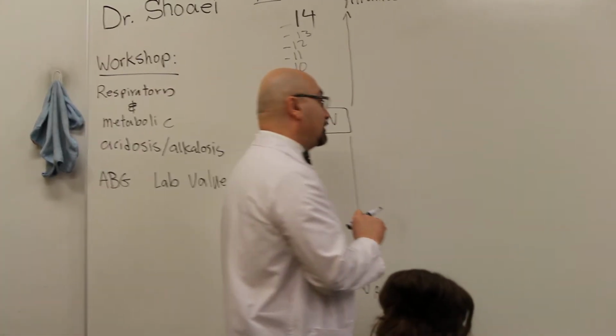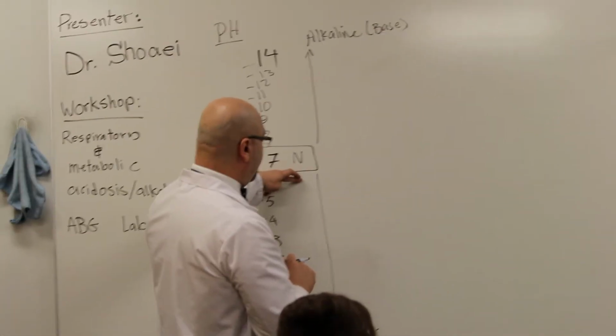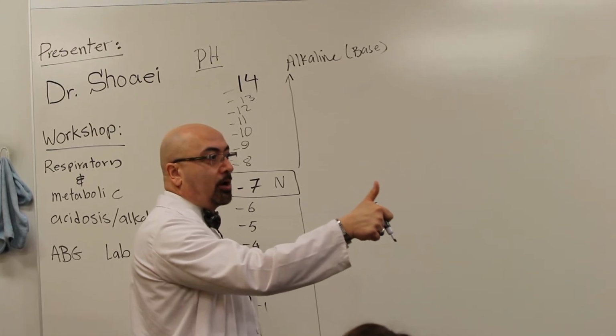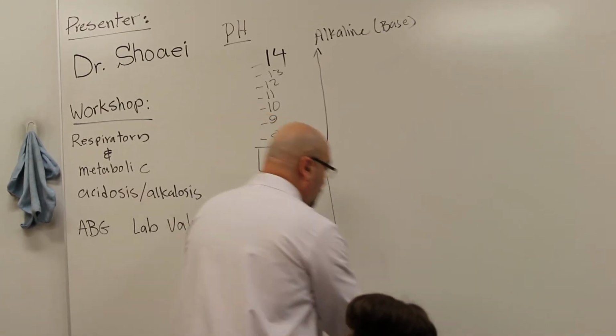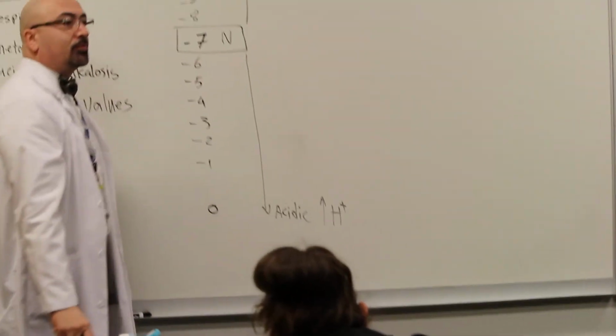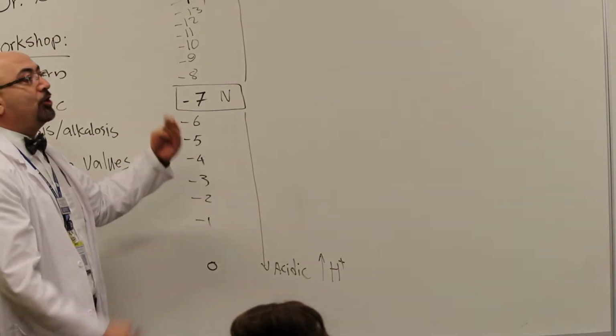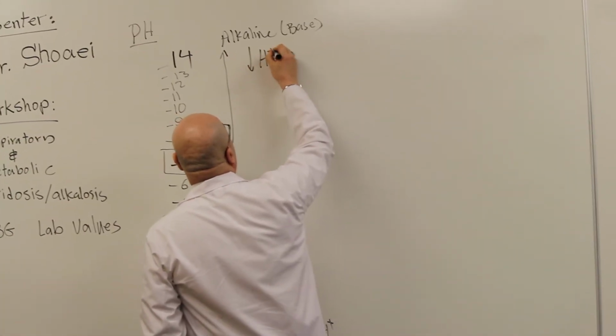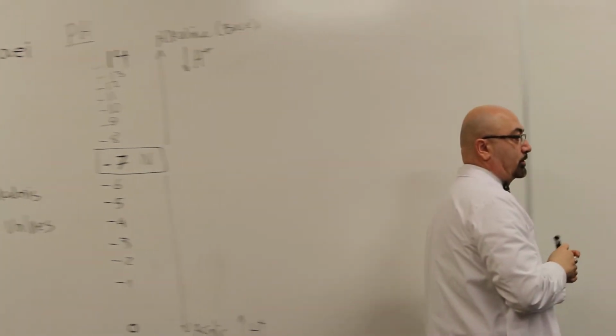So what it means is that as you move from 7 towards 0, you're increasing the concentration of hydrogen ion in your solution. And if you go the other way, you do the opposite. So that lowers your hydrogen ion concentration. So it's safe to say the greater the concentration of hydrogen ion in a solution, the greater the strength of an acid.